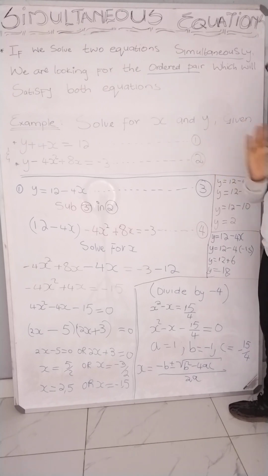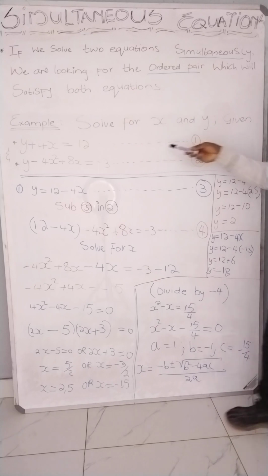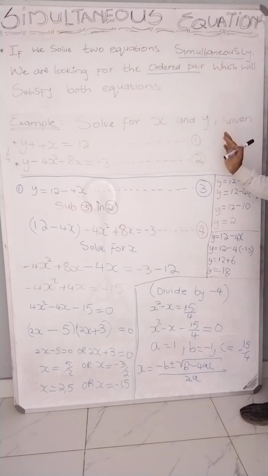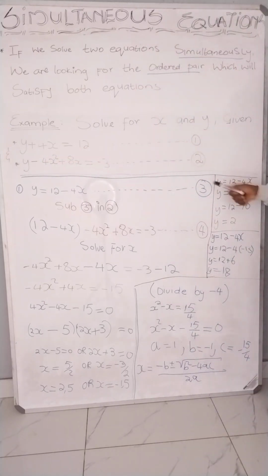You will be given 2 equations, so we label the first equation equation number 1. Very important to label this because you have 2. You need to know which one is equation number 1, which one is equation number 2. Then the second equation will be equation number 2.